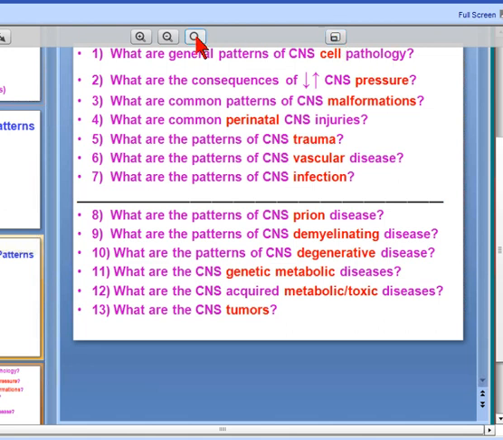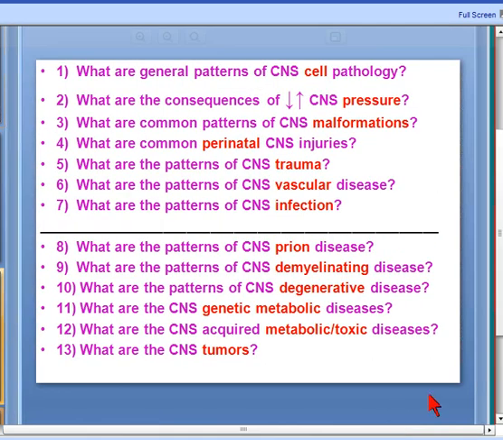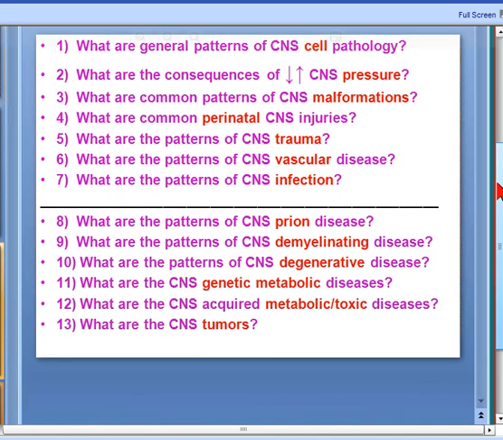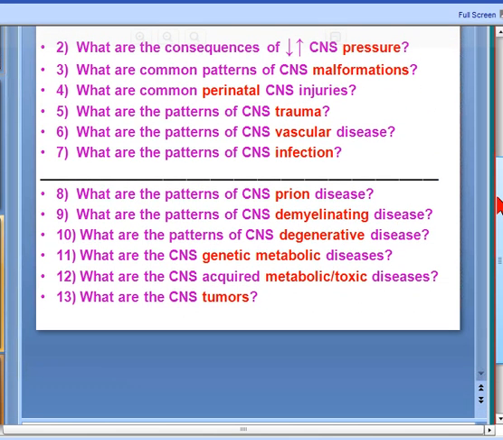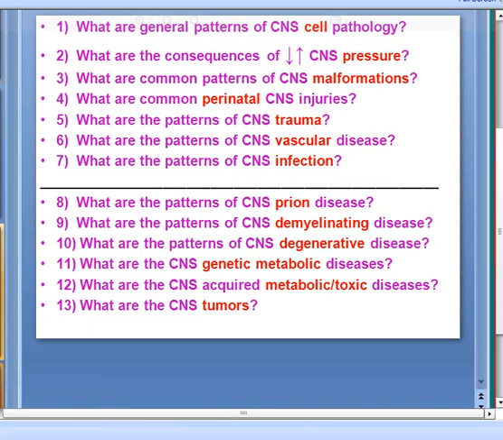What are the common perinatal CNS injuries? What are the common findings? What are the patterns of CNS trauma? What are the patterns of CNS vascular diseases? And what are the patterns of CNS infections? And as you can see, these all relate basically to our 3 or 4 categories again. And that's what we'll be talking about today. We'll be answering the first 7 questions today.